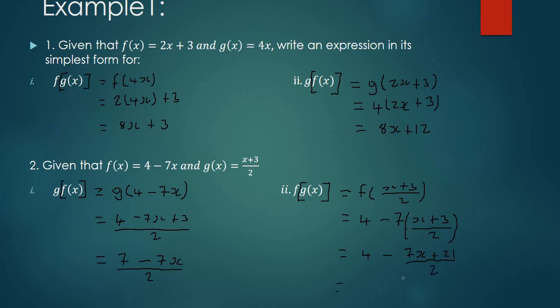So all we need to do is to combine these two fractions to give us one fraction, and we're finished. So 4 is the same thing as 4 over 1. So all we need to do is to find what is called a common denominator, or the LCM. So a common denominator would be 2, and 1 into 2 will give us 2, and we must take that 2 to multiply our 4. So 2 times 4, that's going to give us 8.